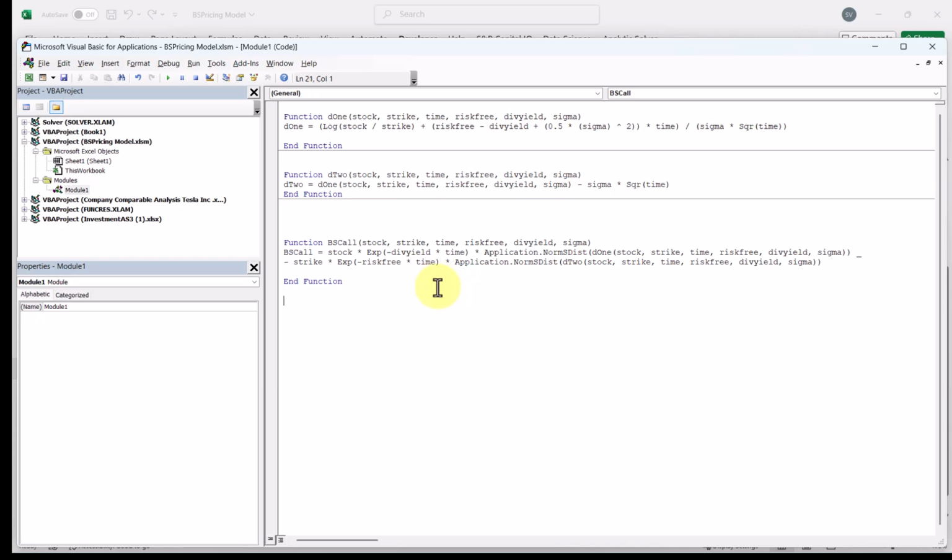I'm going to call this one function BS put. We're going to have all of the same variables because we need to include all the same variables because we use them in the formula, but also because we're going to be calling up this BS call function as well.